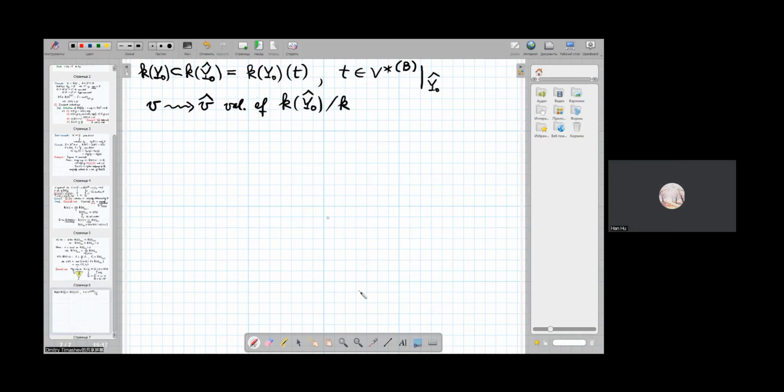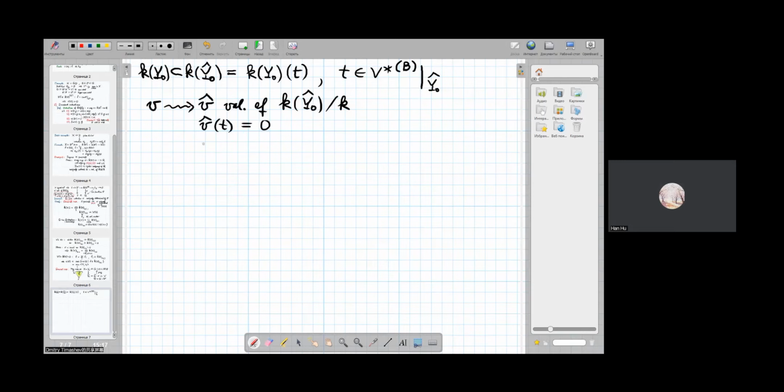Essentially, we have to define values on this field. It can be done in many ways, but maybe the simplest way here in our situation is to put V hat of t equal to 0.